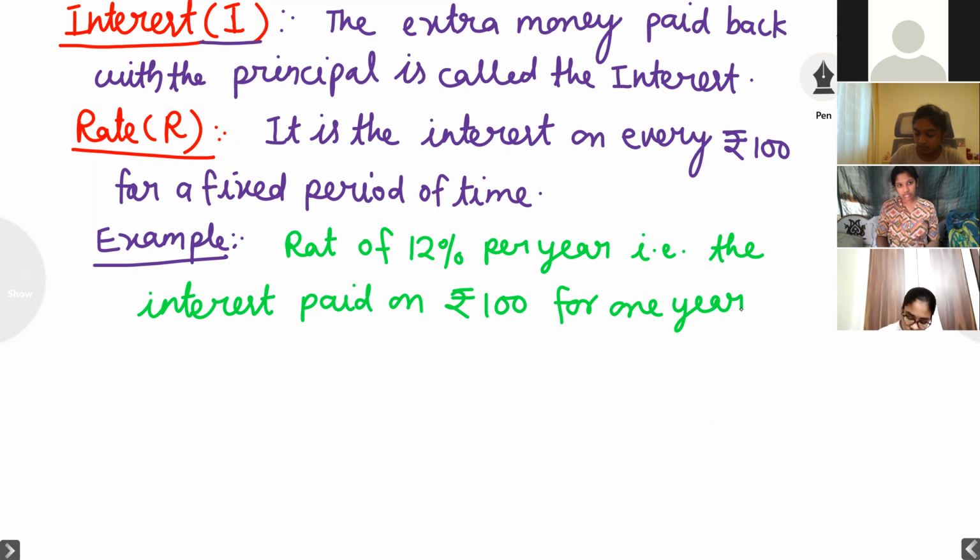I hope it is very clear. A 12% rate of interest means for every 100 rupees you have to pay 12 rupees for 1 year.